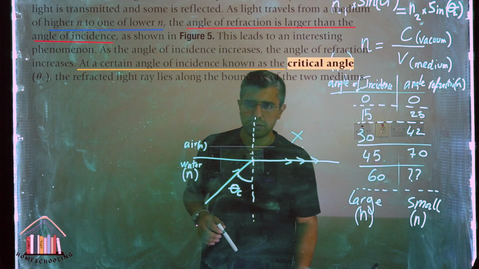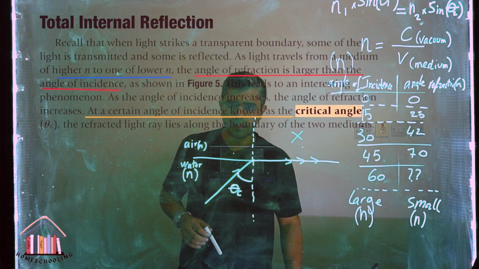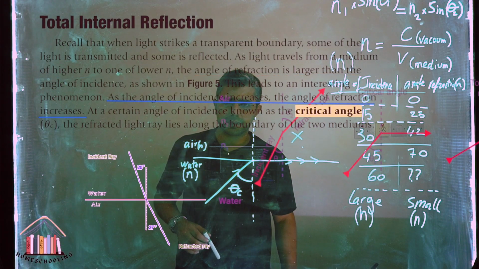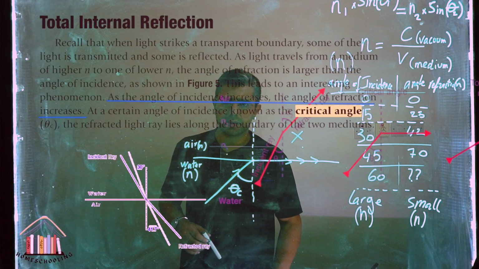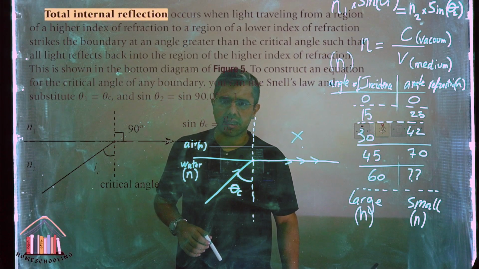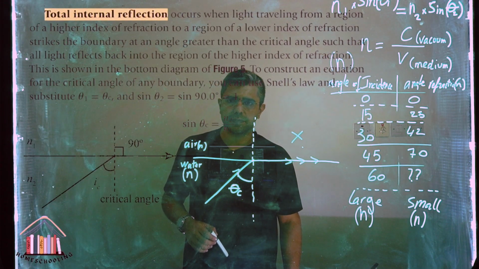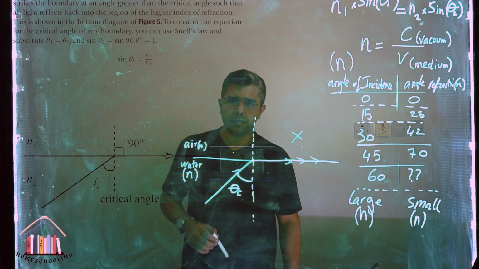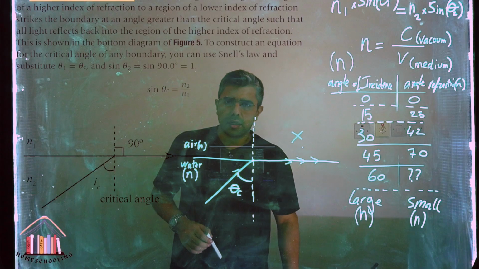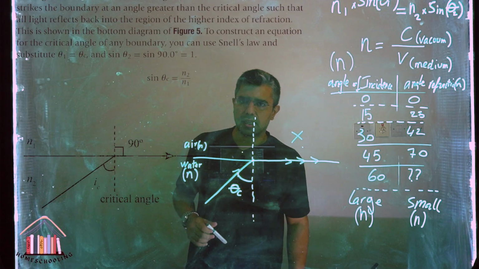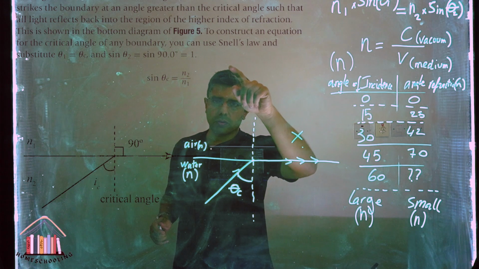Okay, let's continue. That's the figure that I'm trying to explain here. Remember this equation, I'll come back to it: sine of the critical angle equals n2 over n1.